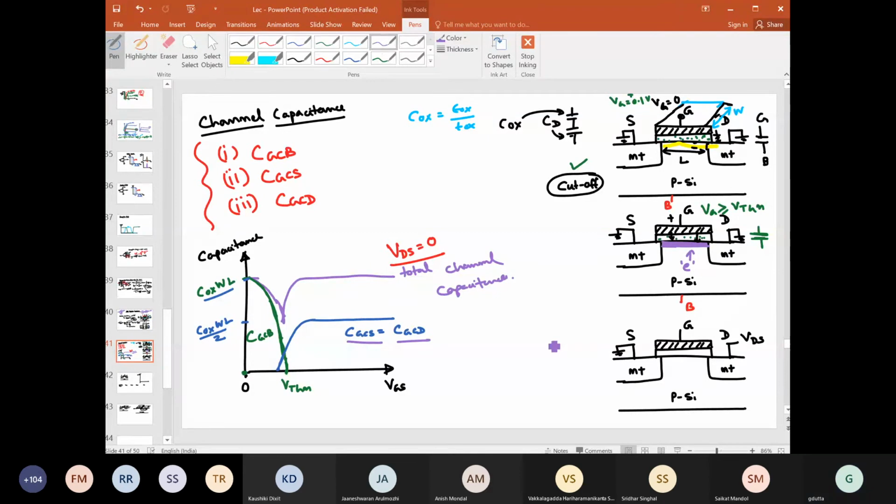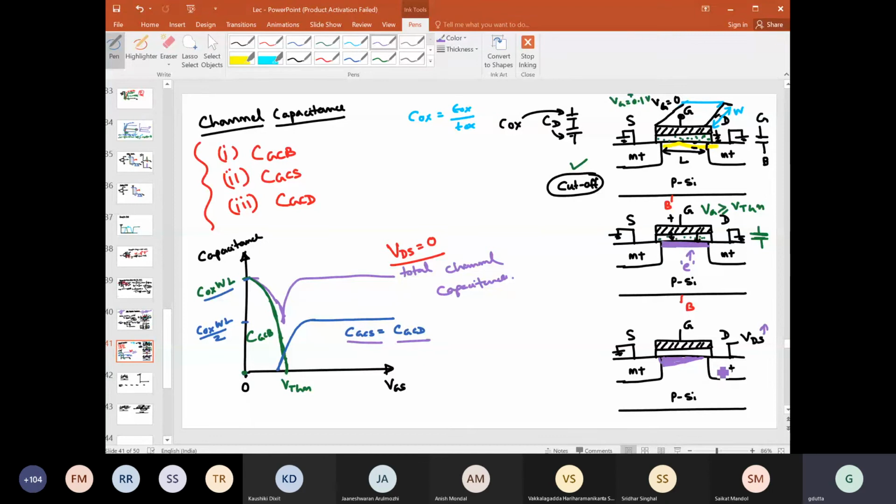So here, what will happen, you know that, right? As you increase this VDS, the channel electron concentration towards the drain side will gradually decrease, and a time will reach when you will have almost this type of situation, which is almost a pinch off, right? And if you further increase the drain voltage, then you will come across a situation where the channel will become like this.